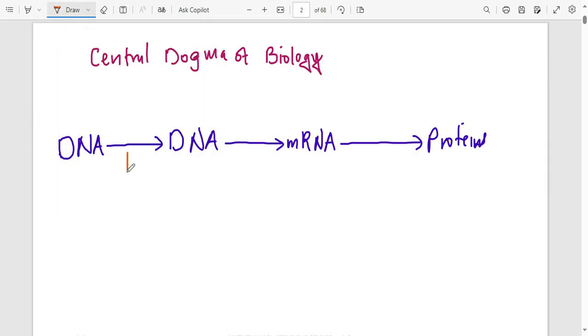The conversion of DNA to another DNA molecule is known as replication. And the conversion of DNA to mRNA is known as transcription.